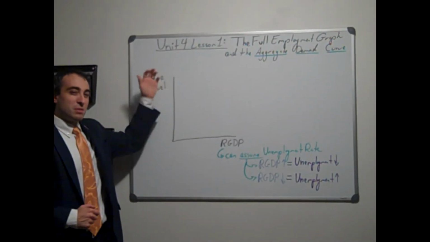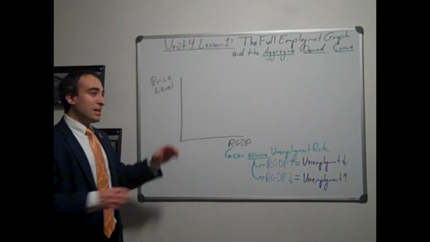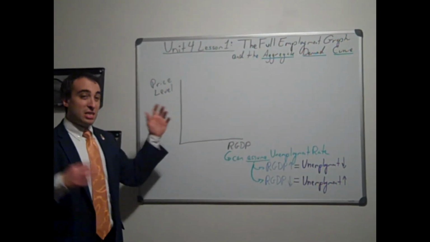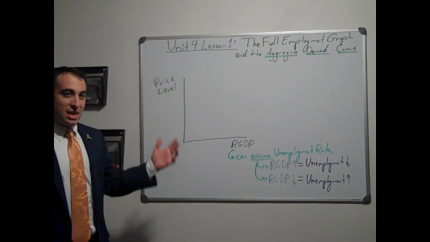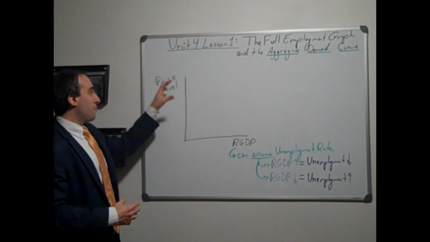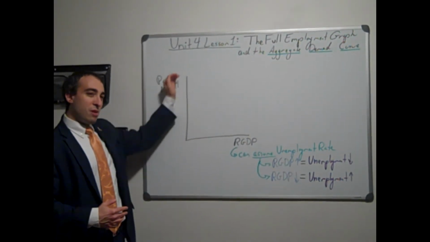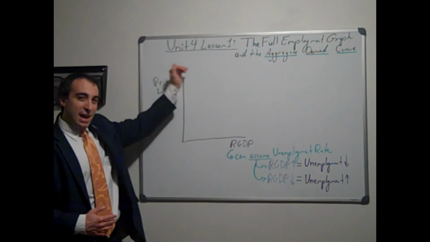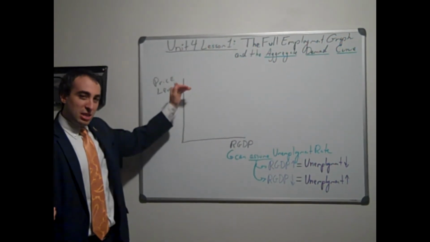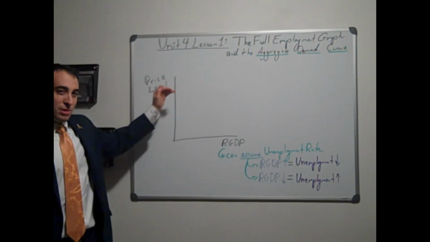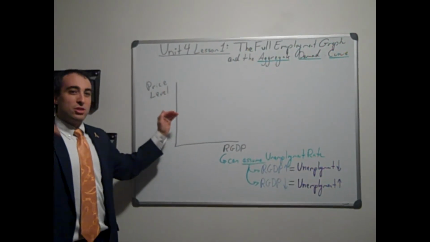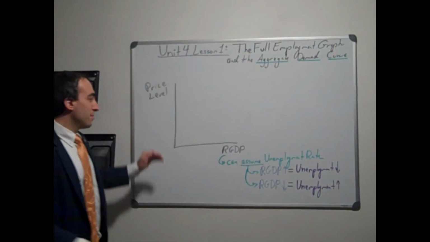Replacing price from our supply and demand graph is the price level, which is the CPI, the Consumer Price Index, and the inflation rate. So we have price stability. The higher the price level, as we climb up the y-axis, that is the higher the CPI, and as the CPI increases, as we saw with Unit 3, so does the inflation rate.